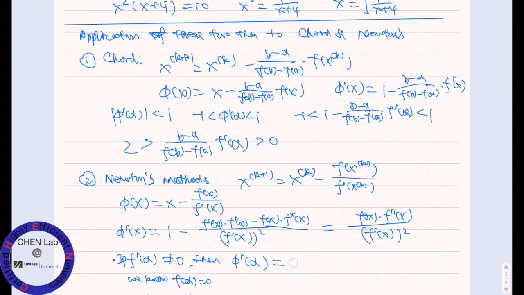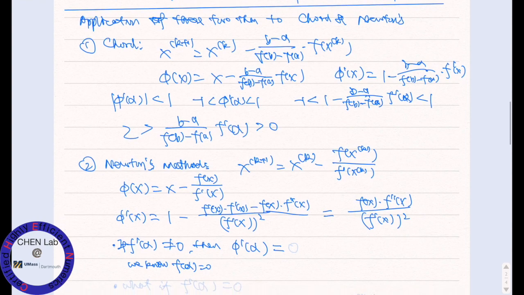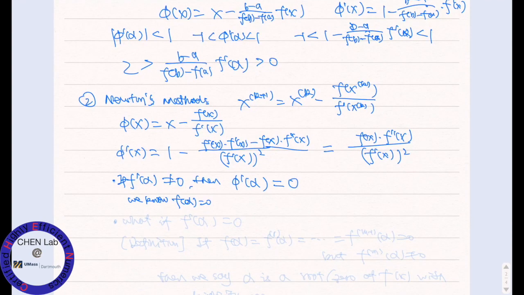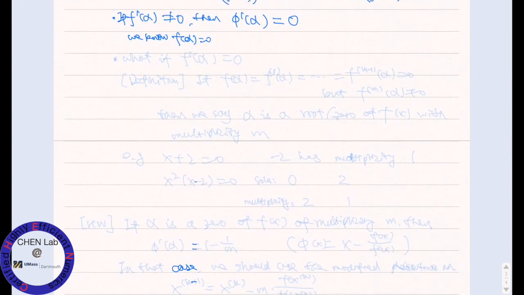What is phi prime of alpha? Plugging in alpha, what do you get? 0, right? Yes, 0. You plug in alpha, you get f of alpha on top.